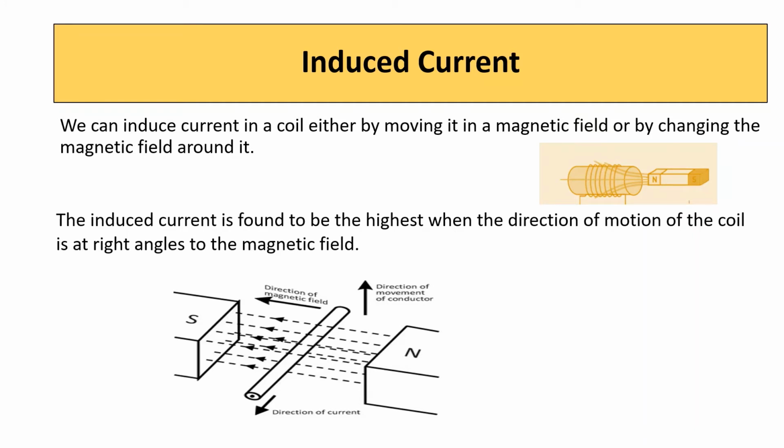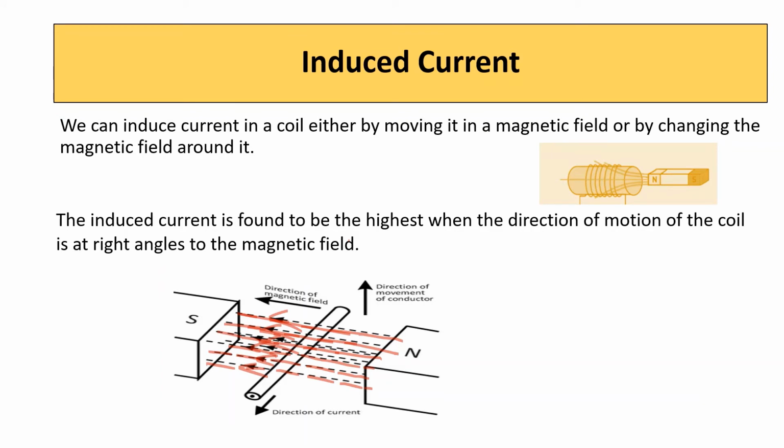Instead of moving this magnet, you can also move this solenoid in a magnetic field to produce the induced current. The induced current is found to be highest when the direction of the motion of the coil is at right angles to the magnetic field.